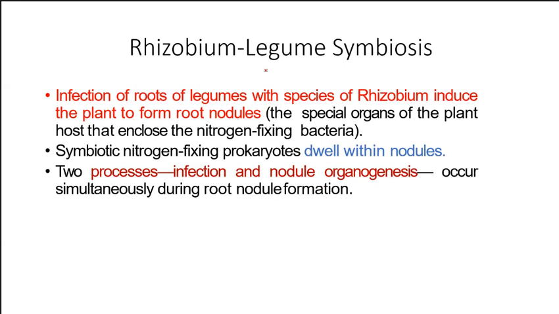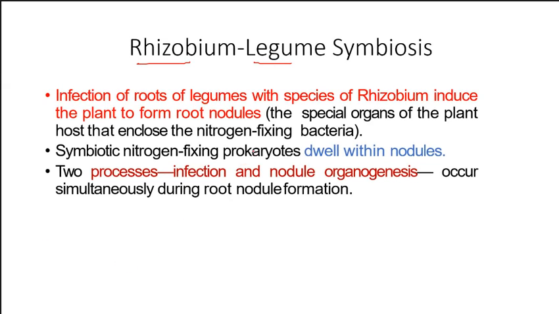Now coming to their association. We have studied Rhizobium separately and legume separately. Now we will study their association. What happens when the legume plant is infected with the Rhizobium bacteria?